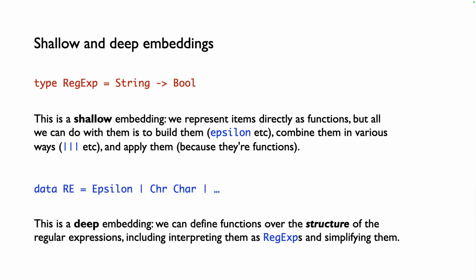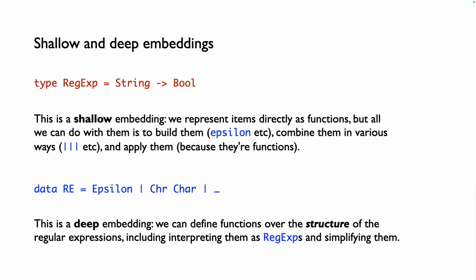Whereas if we represent them as data, we can define functions over the structure, including the shallow embedding itself. So we can interpret them, and that allows us to get the shallow embedding, but we can also do things like simplify them. We can do other things. I mean, we could, for example, compile them, the way we compiled expressions into a sort of pattern matching machine and so on.